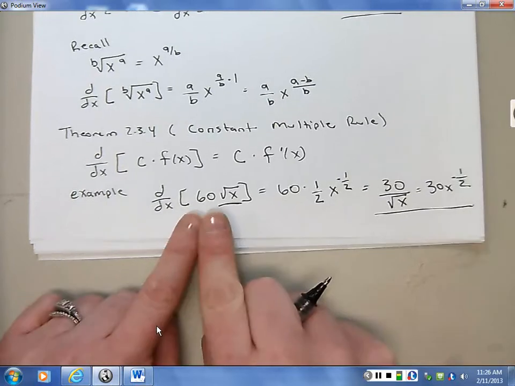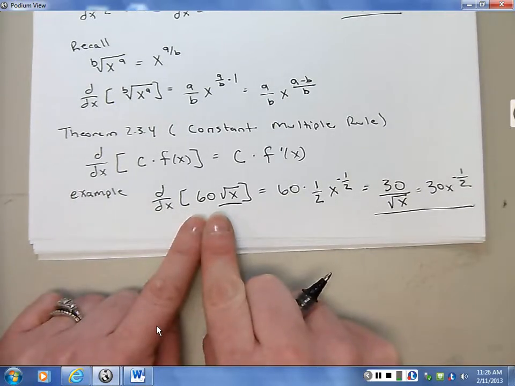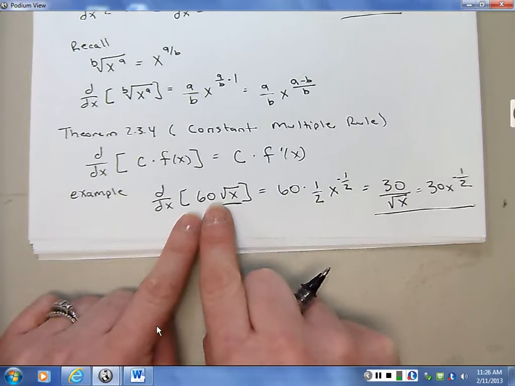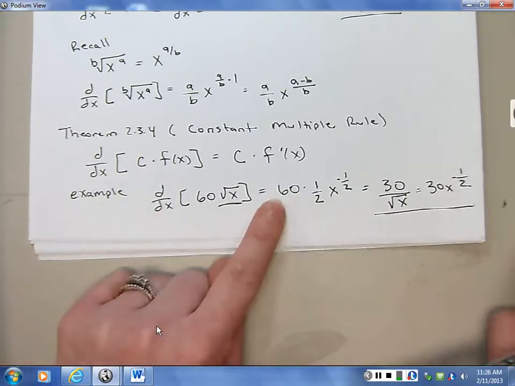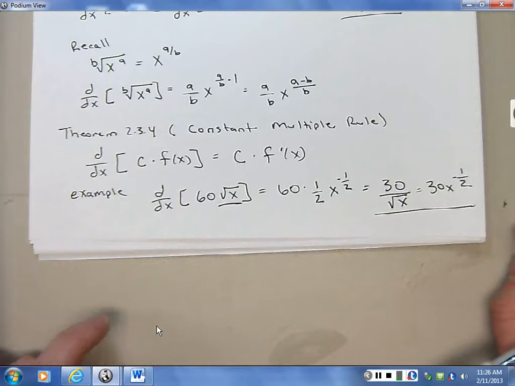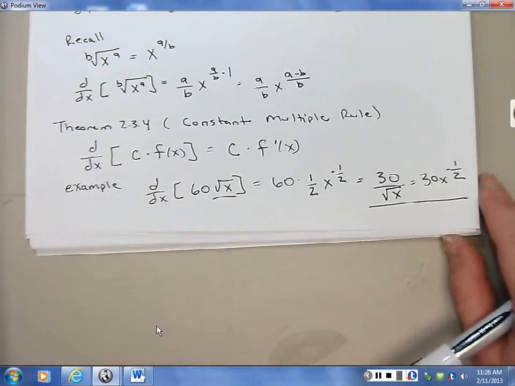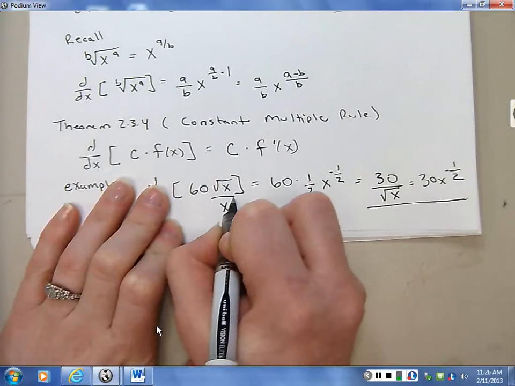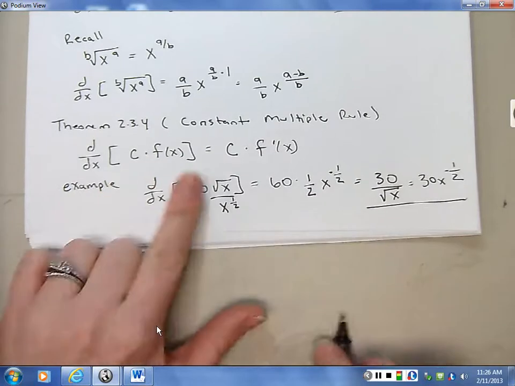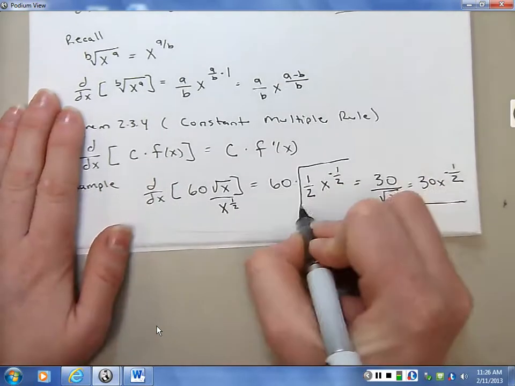So that constant just means I can deal with it, or I can pull it out. I'm sorry, where's the 1/2? Because this is 60 with x to the 1/2 power. So this is the derivative of square root of x, right?